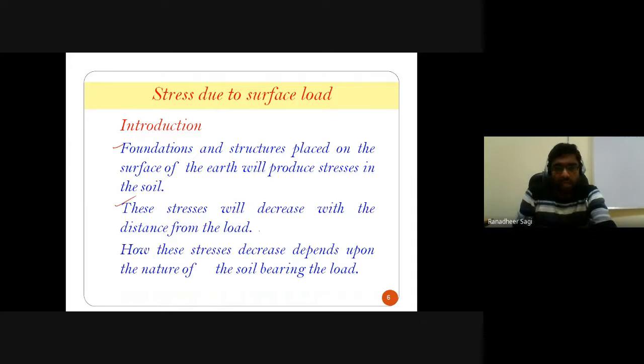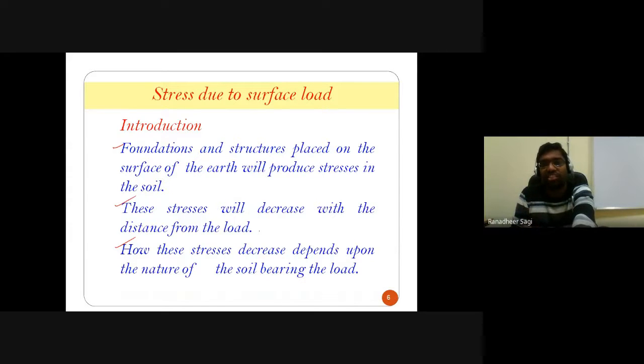And we'll mainly understand how these stresses decrease depending on the nature of the soil which is bearing that load, all those aspects we'll try to understand. If the soil is strong, then that particular soil will have more resisting capacity, or more load carrying capacity.